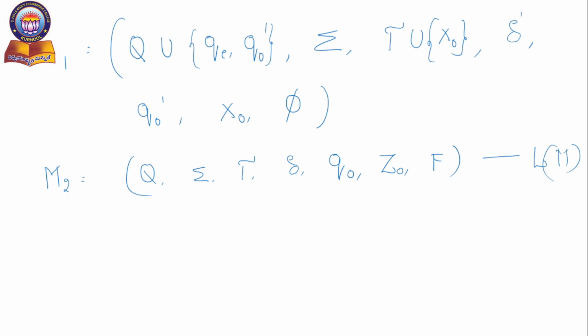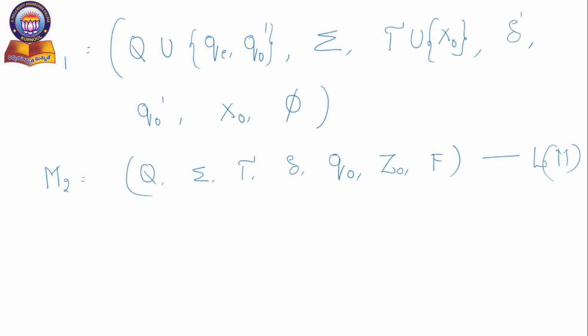Now in the M1, that means in the PDA accepting the same L by emptying the stack, the set of states is the Q, the set of states present in the M2 machine, union two new states, QE and Q naught prime. And here we are taking the Q naught prime as the initial state. Next, the second component is sigma. Sigma is the same.